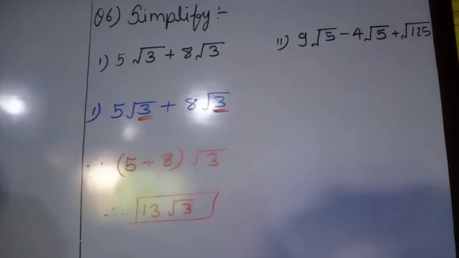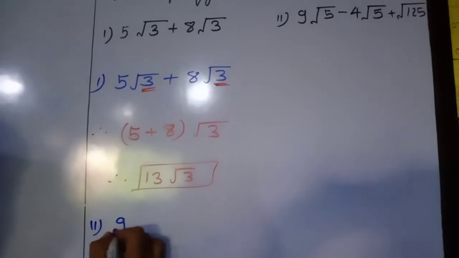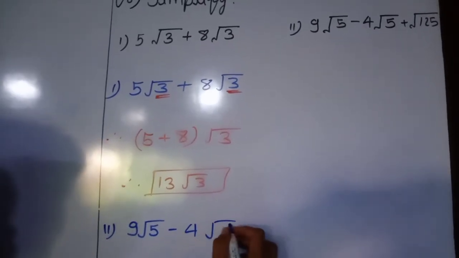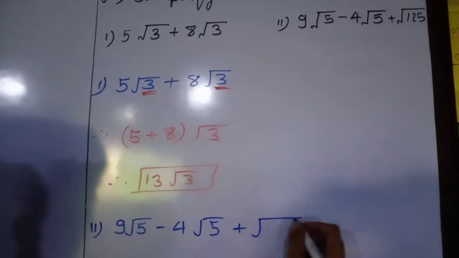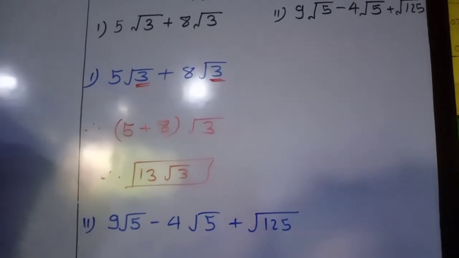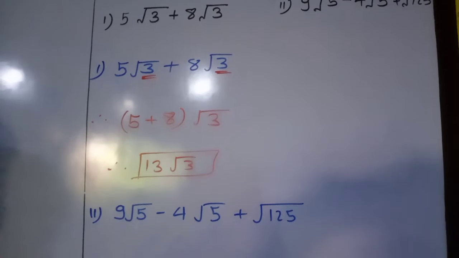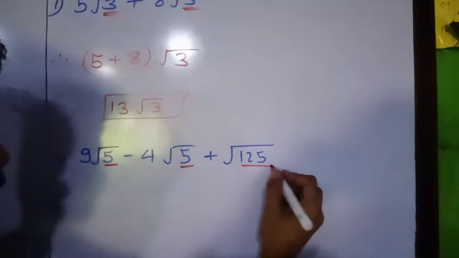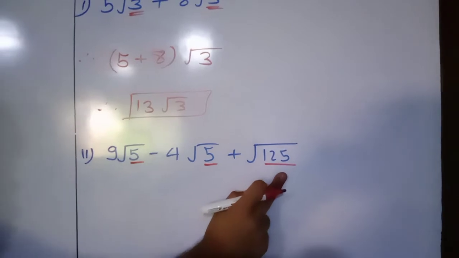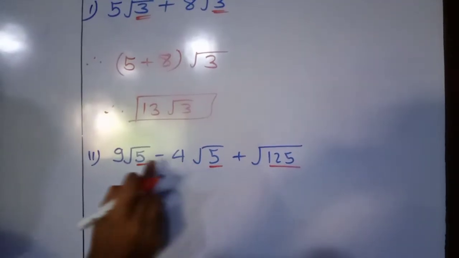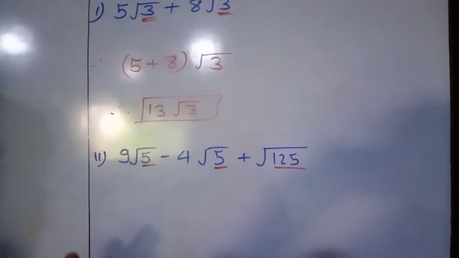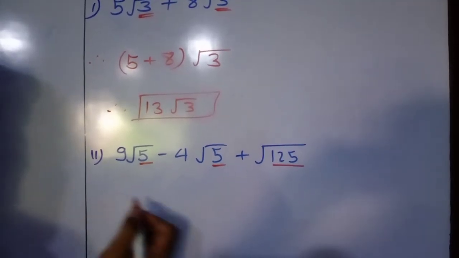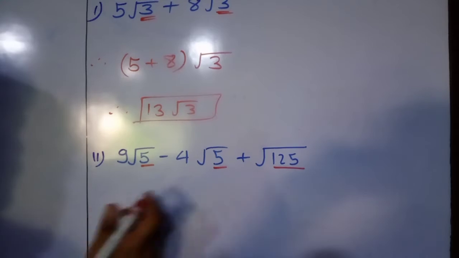This way we can simplify this given sum. The second one is 9 root 5 minus 4 root 5 plus root 125. Here we have the radicand 5, here also we have the radicand 5, but here we don't have the radicand 5. And the order of all the surds is the same. So, can you do the conversion of these?